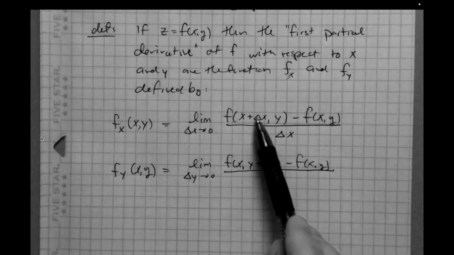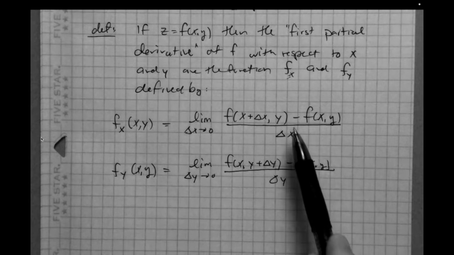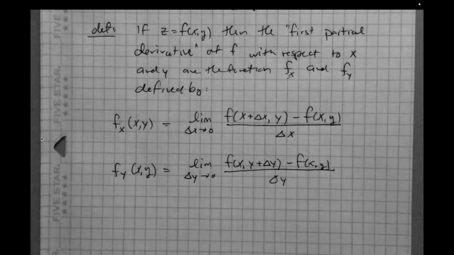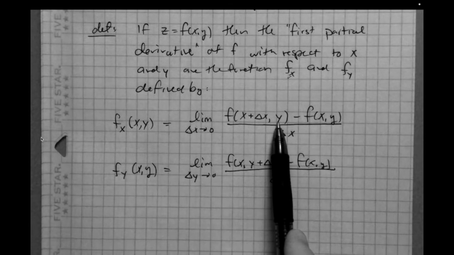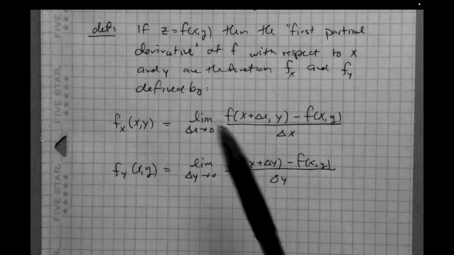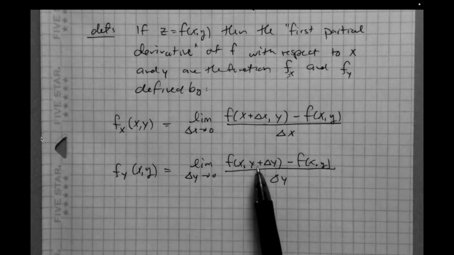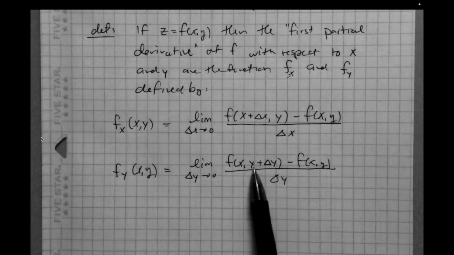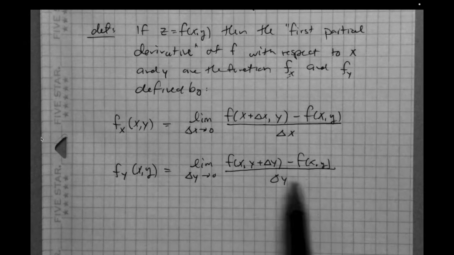It's basically the same definition as we saw in Calculus 1 of the derivative of f of x with respect to x, except here you've got the y variable included as well, treated as though it's a constant in the function. And similarly for the partial derivative with respect to y, you allow y to vary, y plus delta y here, and you take the limit as delta y goes to 0.